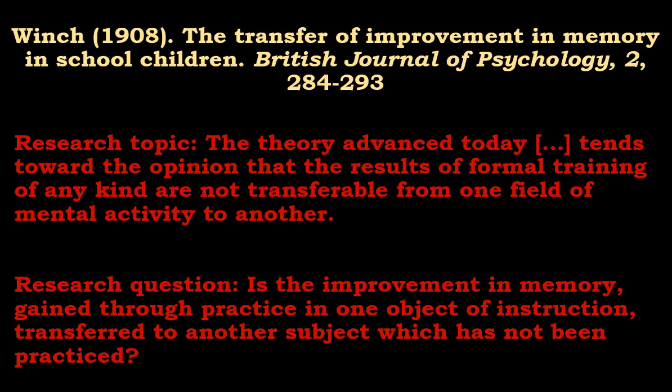So let's see an example of the application of the method of differences in psychology, on school psychology, and which is interesting because, as I said, Mill's methods were developed having physics and chemistry in mind rather than psychology and applied psychology. So let's go to the study.